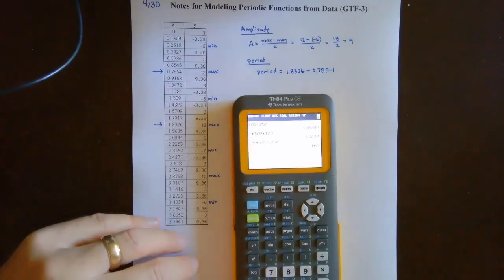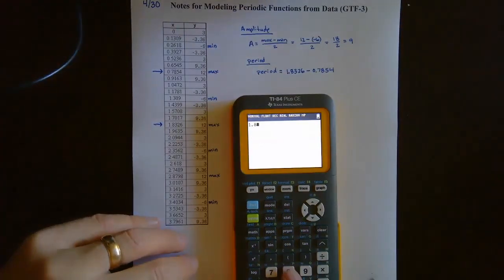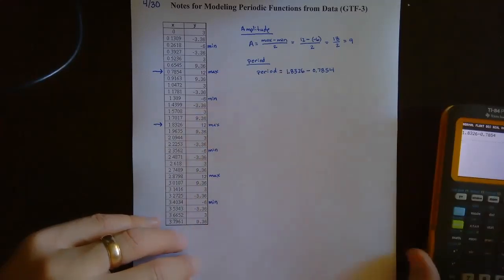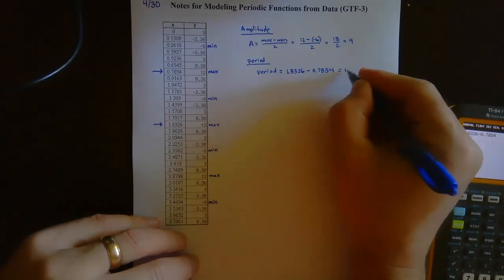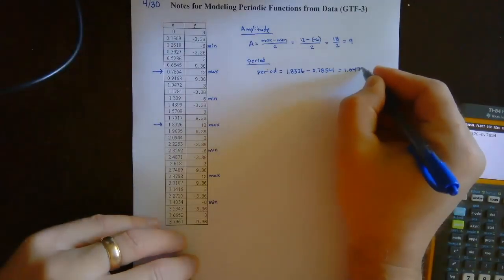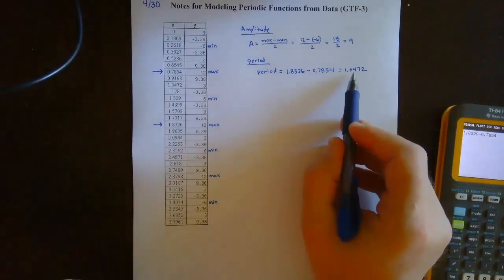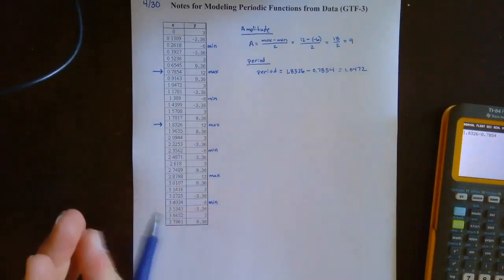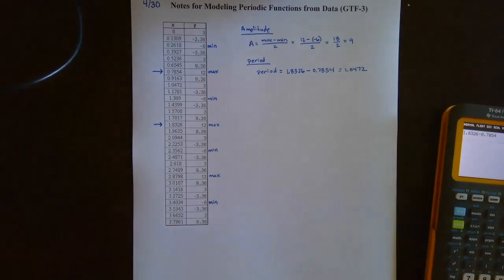Let me clear it out. 1.8326 minus 0.7854 is 1.0472. Okay, so that's how long it takes to repeat. It's going to take 1.0472 distance horizontally to repeat again.